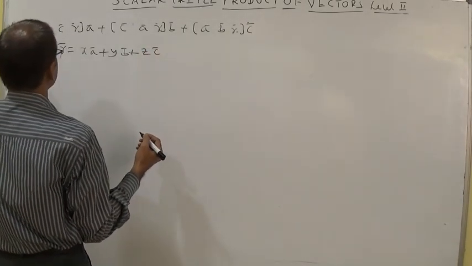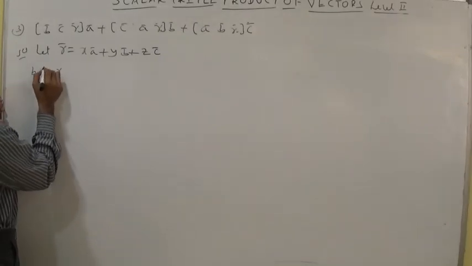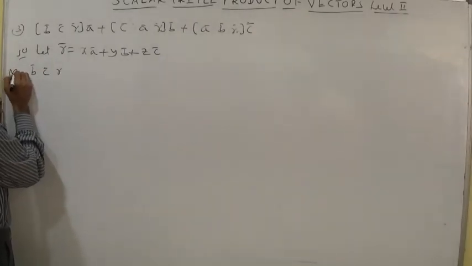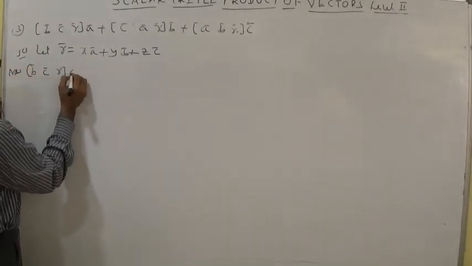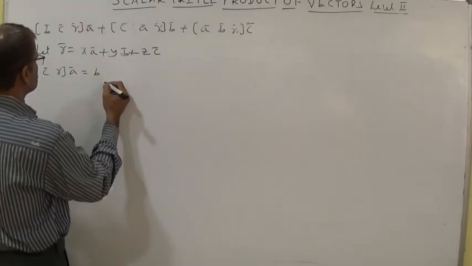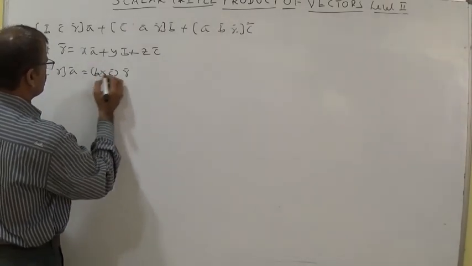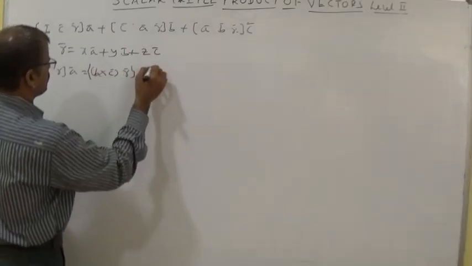Now let us discuss box BCR. Box BCR into A bar is B cross C dot R bar, into A bar.